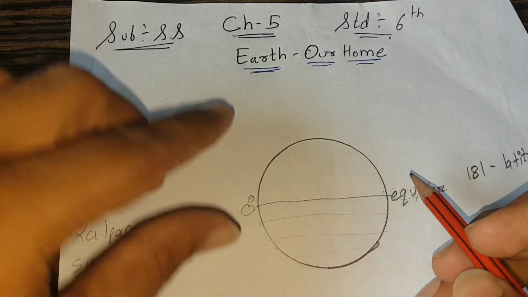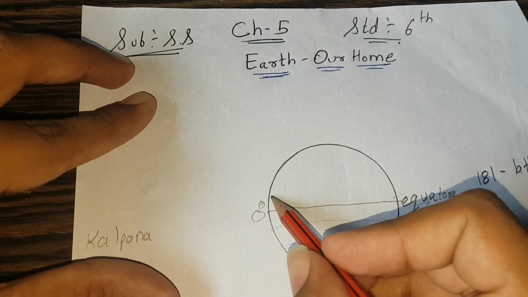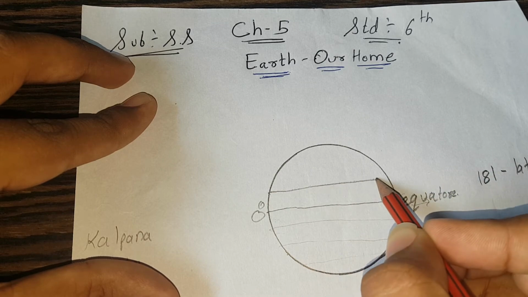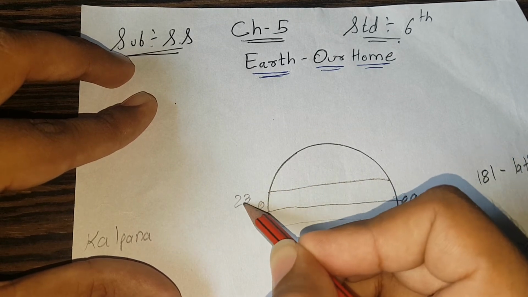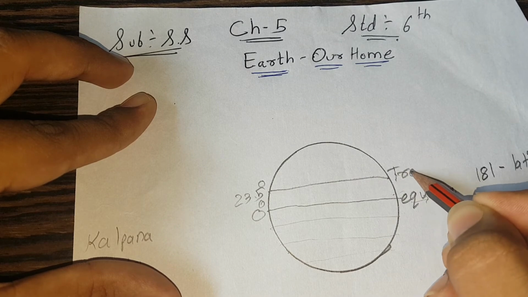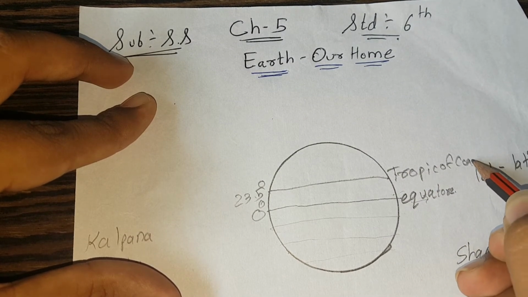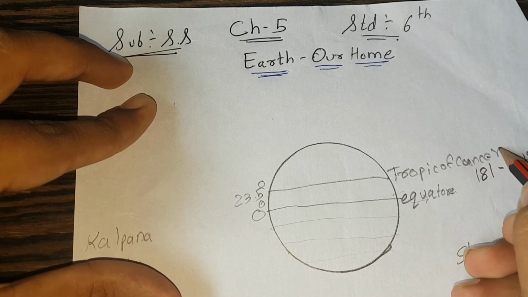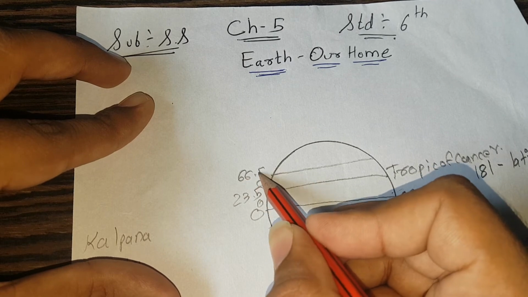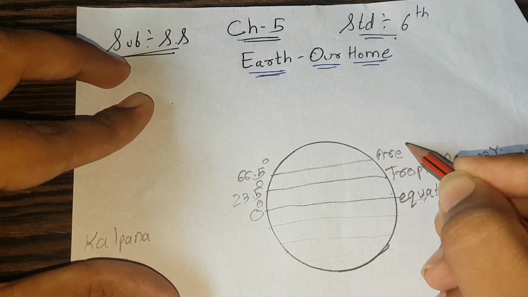Like that, at 23.5 degree it has the Tropic of Cancer, and at 66.5 degree it has the Arctic Circle.